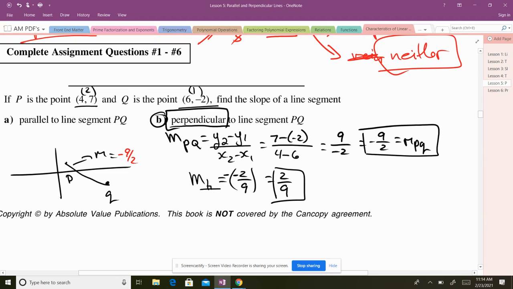That's the slope of that line. I want to know the slope of this line. So we just flip it, and this one has slope 2 over 9.